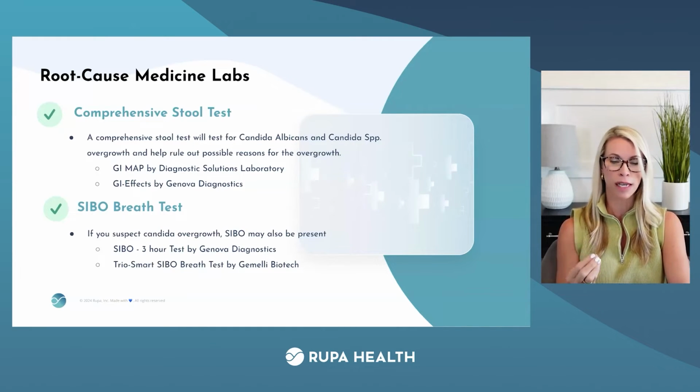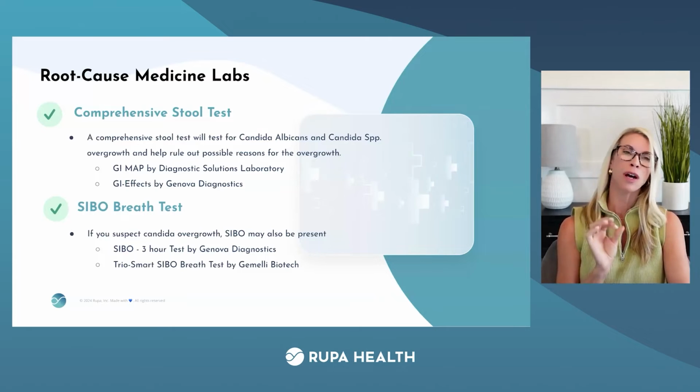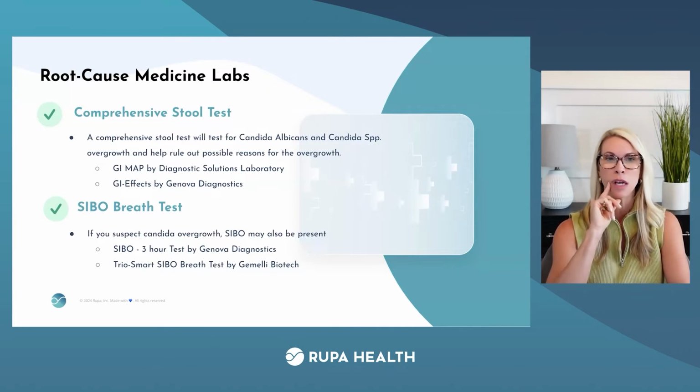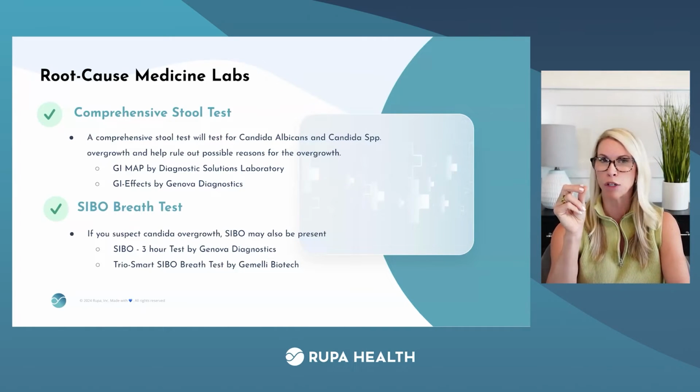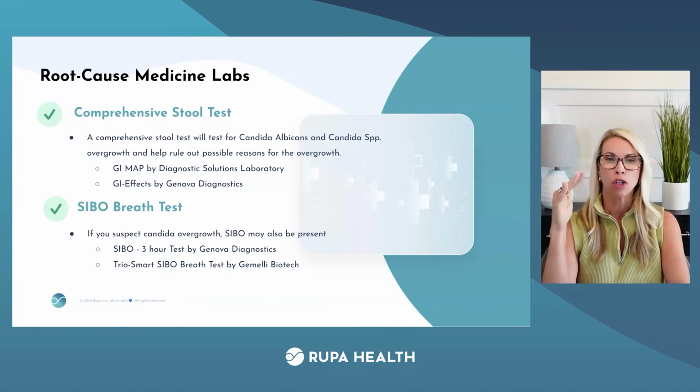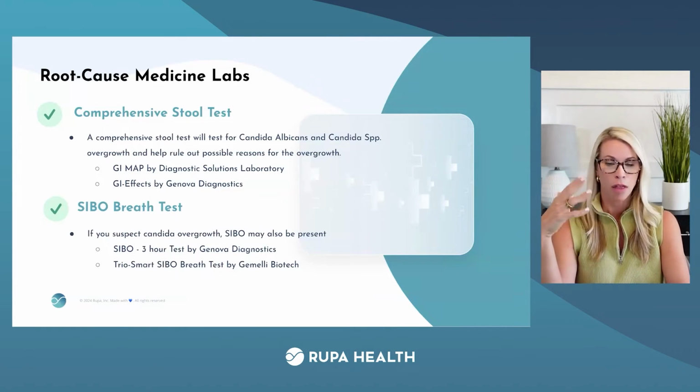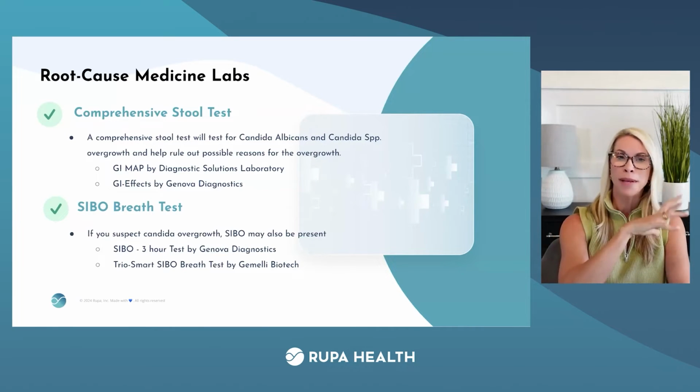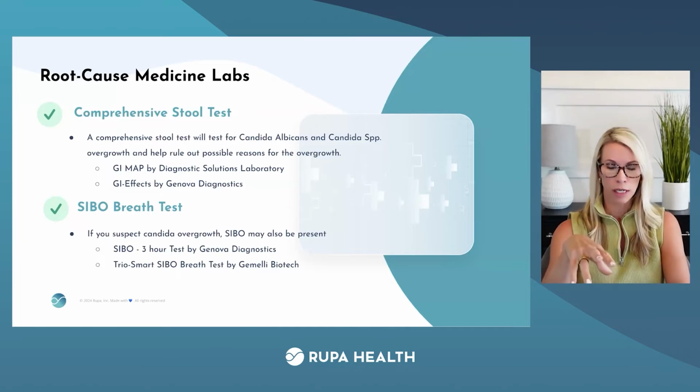You can also see, I just want to mention this because I'll often get asked this, there's not on comprehensive stool testing a specific biomarker for hypochlorhydria. However, there are certain patterns that we see that we call a hypochlorhydria pattern. So this would be things like commensal overgrowth, opportunistic overgrowth.